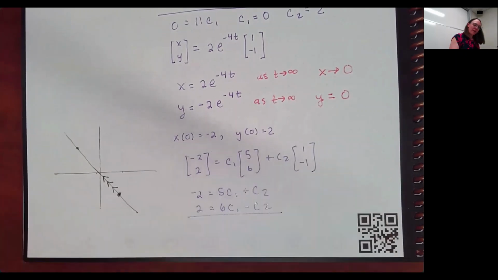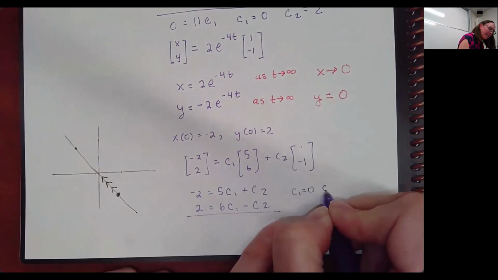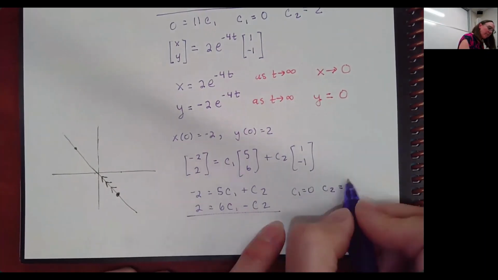Add those together again, and I still get that C1 has to be 0. So C1 is equal to 0 and C2 is equal to -2.